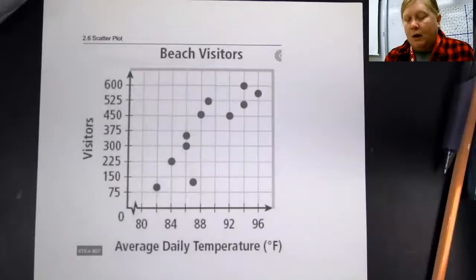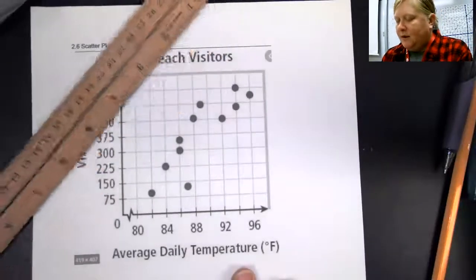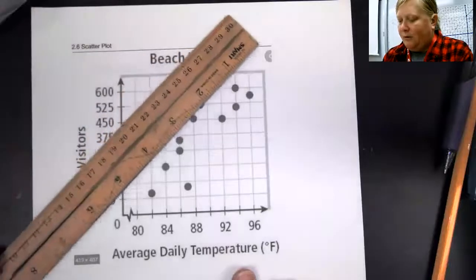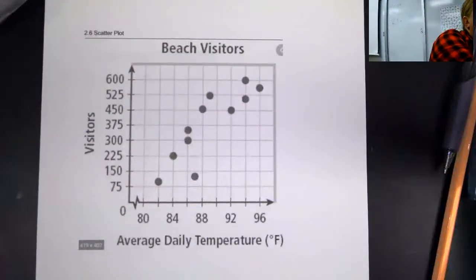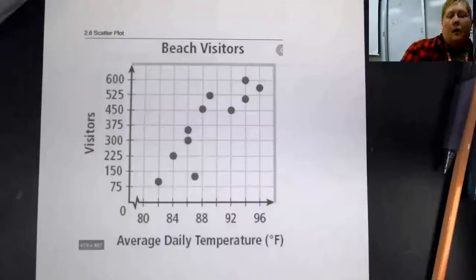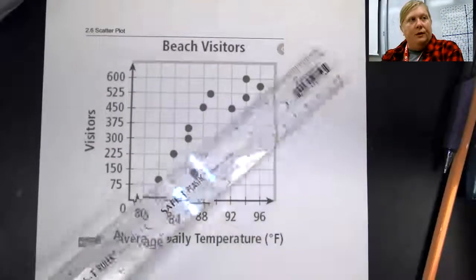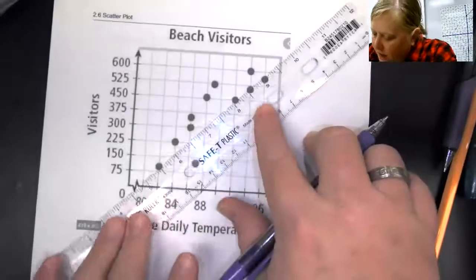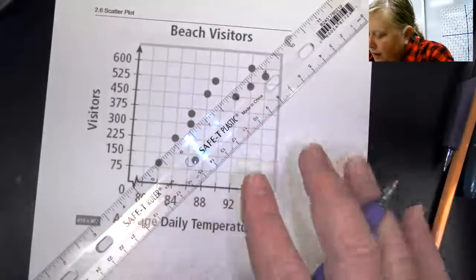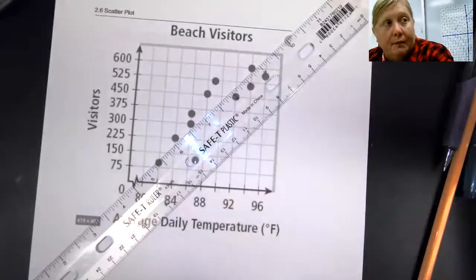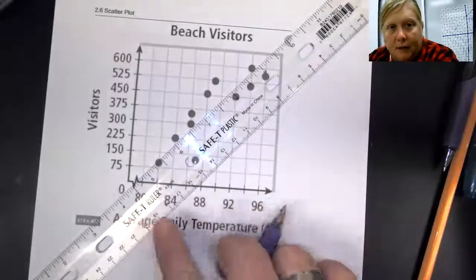But now we want to do our line of best fit. So here are our rules on line of best fit. You know what, I like my see-through rulers a little bit better. So when you put your line, number one, a misconception I hear students say is I try to make it go through zero.